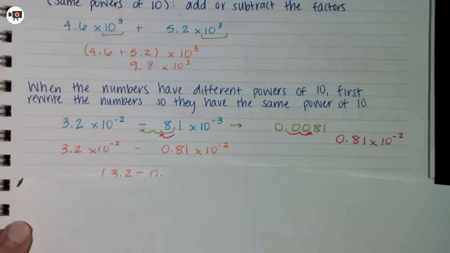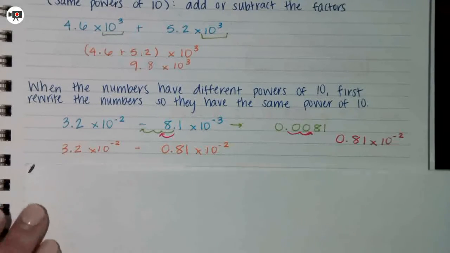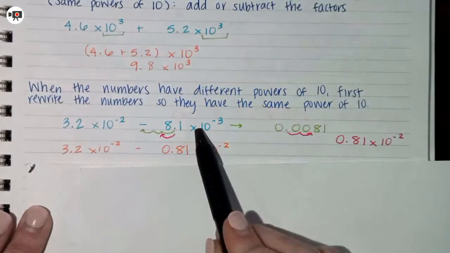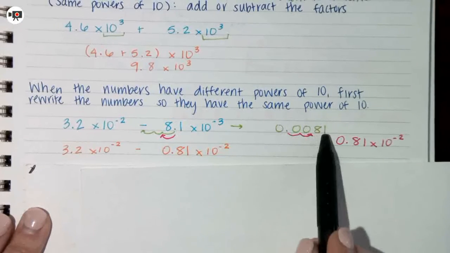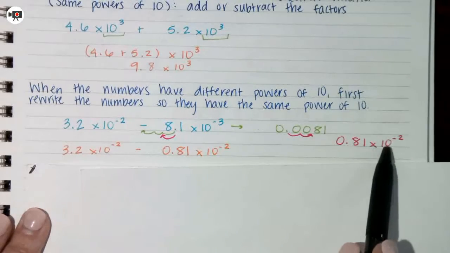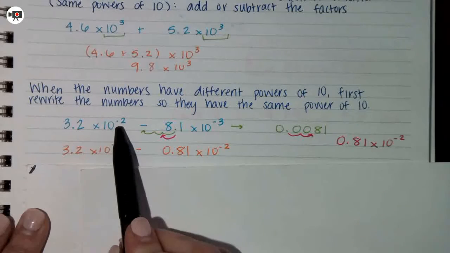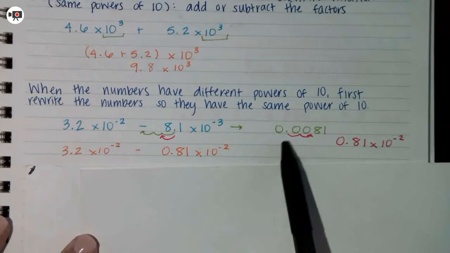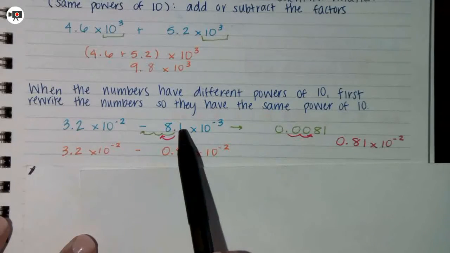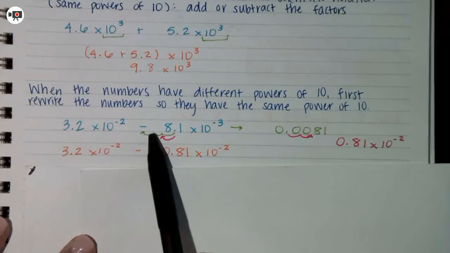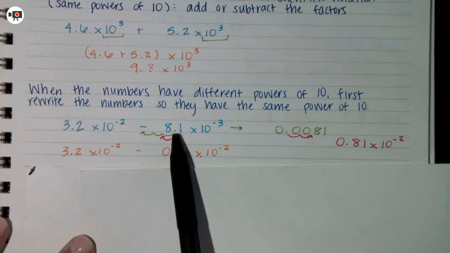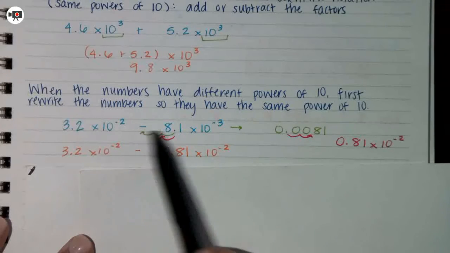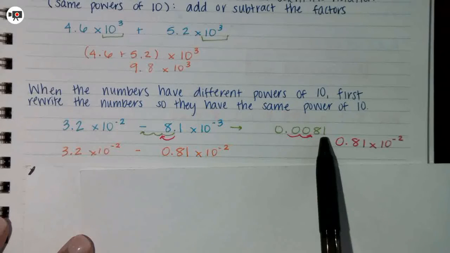I could move it out of scientific notation into standard notation and then rewrite the standard number in a new form of scientific notation with the same power as the other one. So when I do that, to move it into standard, you move your decimal to the left because it's a negative. And it said 3 times, so you move it 1, 2, 3. Fill those in with zeros, and I get this green one here.